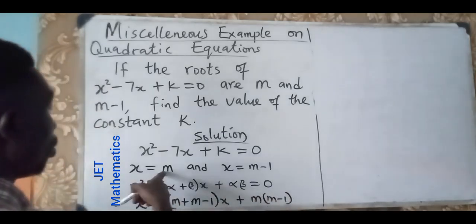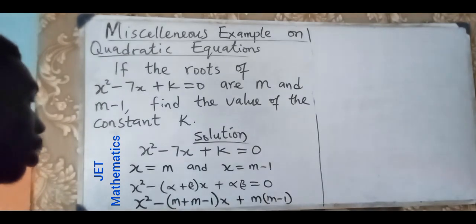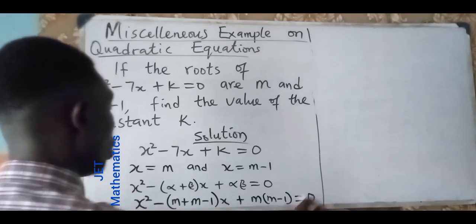So alpha and beta are the roots, and this is equal to 0.